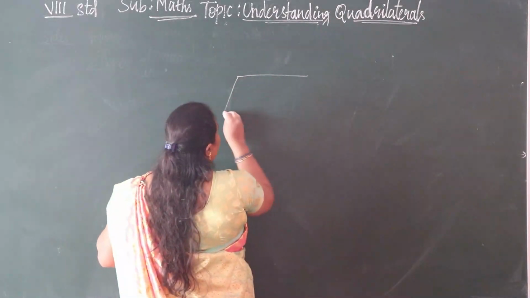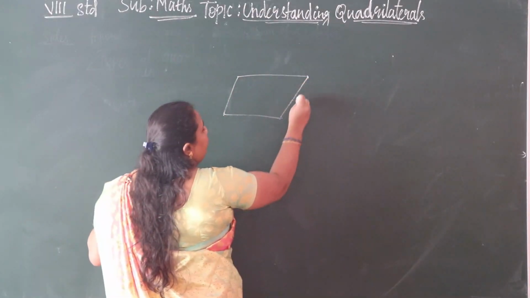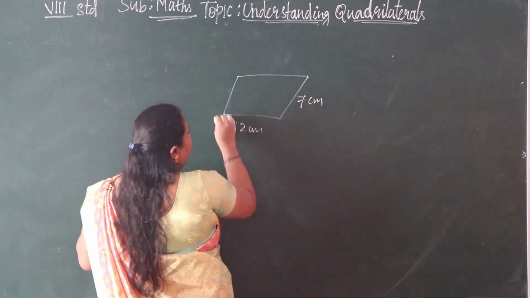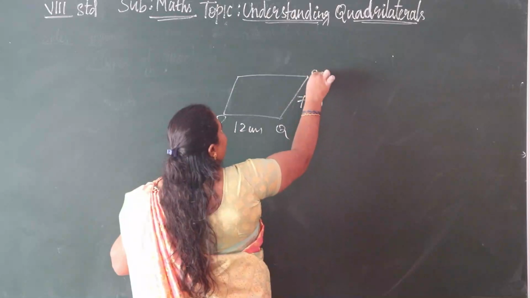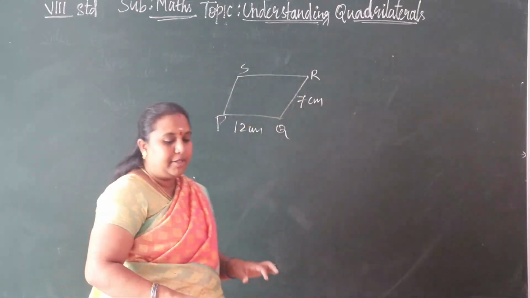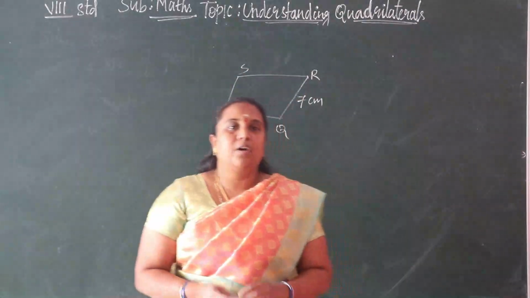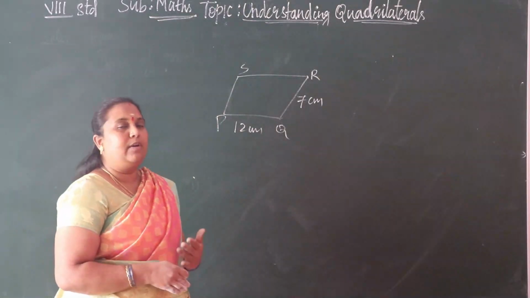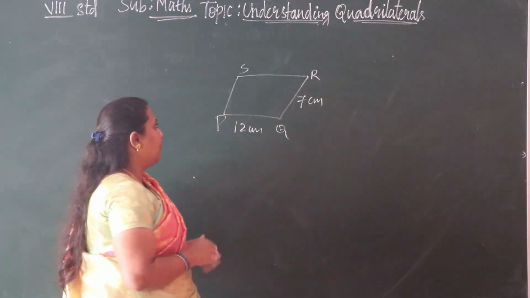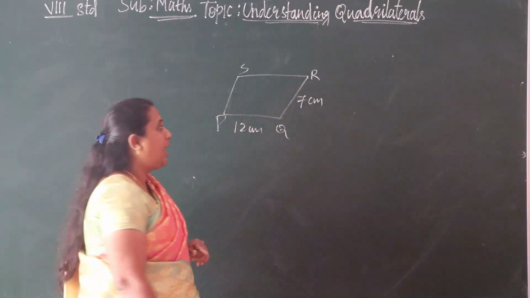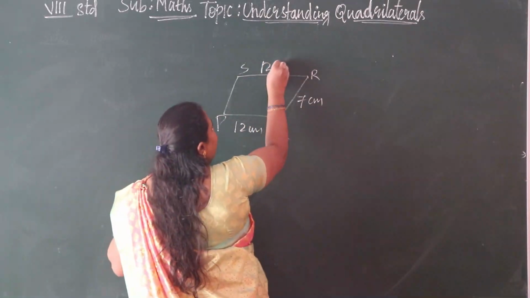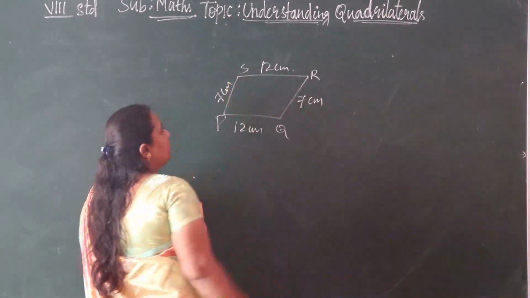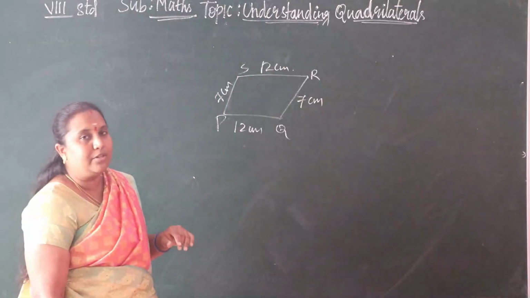Given a parallelogram with 7 cm and 12 cm, PQRS. So how to find the perimeter of this parallelogram? You know the opposite sides are parallel and equal. So opposite sides are equal means we write SR equals 12 cm and PS equals 7 cm.